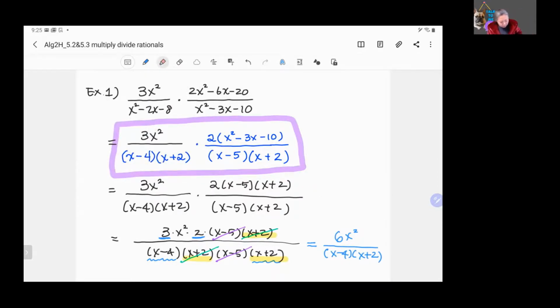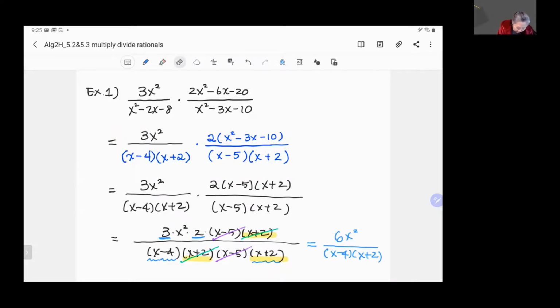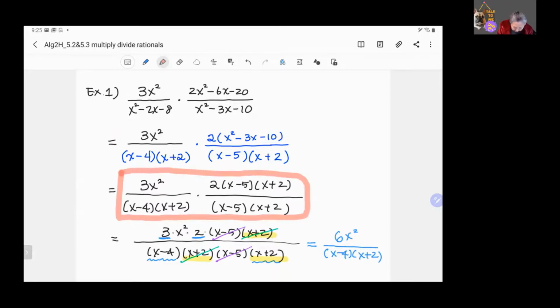So even if we happen to cancel x minus 5 and x minus 5, it was there as a given part, right? So then, oh, you know what? Actually, it might be more convenient that we look at this, because this is the entirely factored form. Then for the excluded value, I don't have to worry about the top, right? I only look at the bottom.